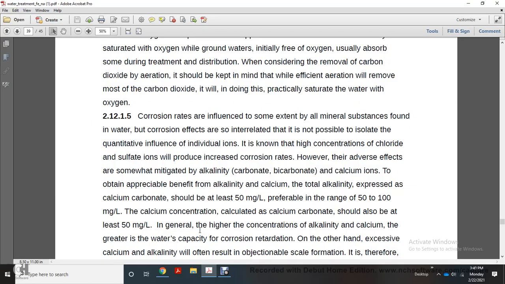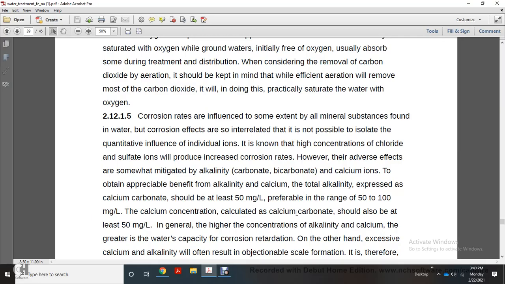The corrosion effects are interrelated, and it is not possible to isolate the quantitative influence of individual ions. It is known that high concentrations of chloride and sulfate ions will produce an increased corrosion rate. However, the adverse effects are somewhat mitigated by alkalinity, carbonate, bicarbonate, and calcium ions. To obtain appreciable benefit from alkalinity, calcium total alkalinity expressed as calcium carbonate should not exceed 50 milligrams per liter, probably ranging from 5 to 100 milligrams per liter.